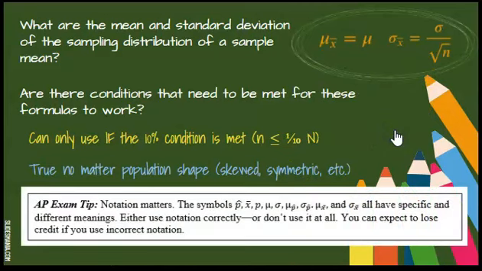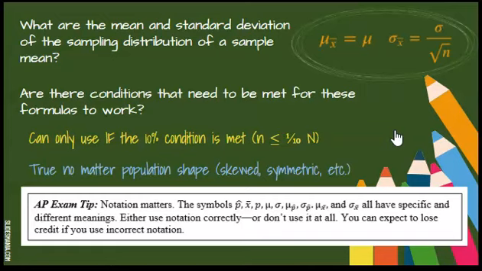Now, here's a tip for you. Notation really, really matters. The symbols p hat, x bar, p, mu, sigma, mu of p hat, sigma of p hat, mu of x bar, and sigma of x bar all have specific and different meanings. Either use the notation very correctly or don't use it at all.